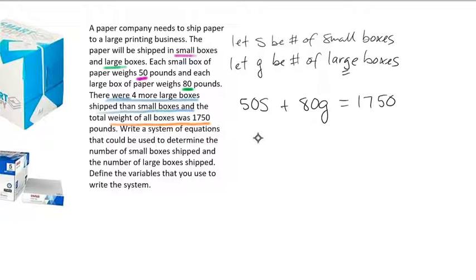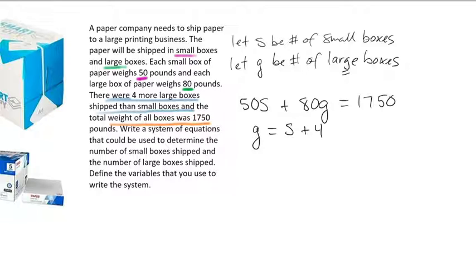But there's more of the large boxes. So if G is the large boxes and S is the small ones, I know that if I increase S by 4, these are the equal quantities, right? What this says is that G is 4 more than S.